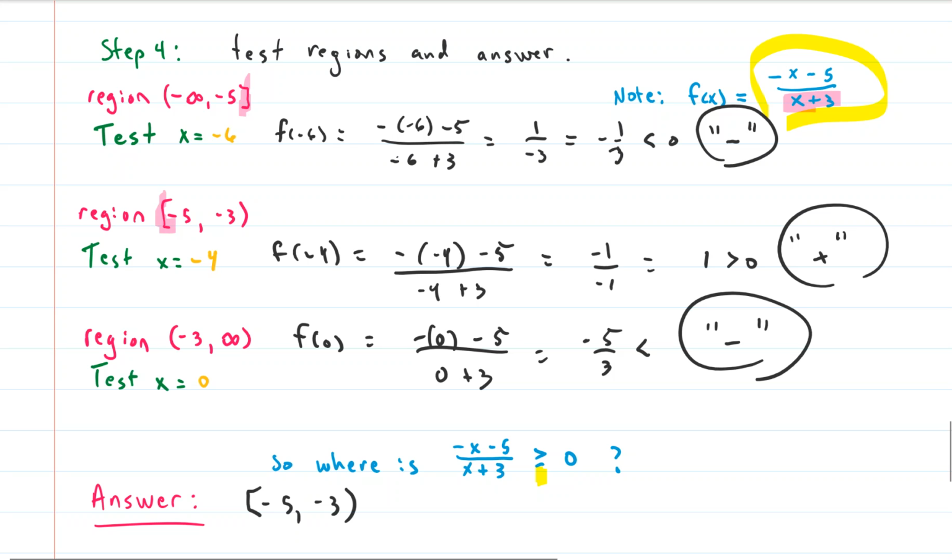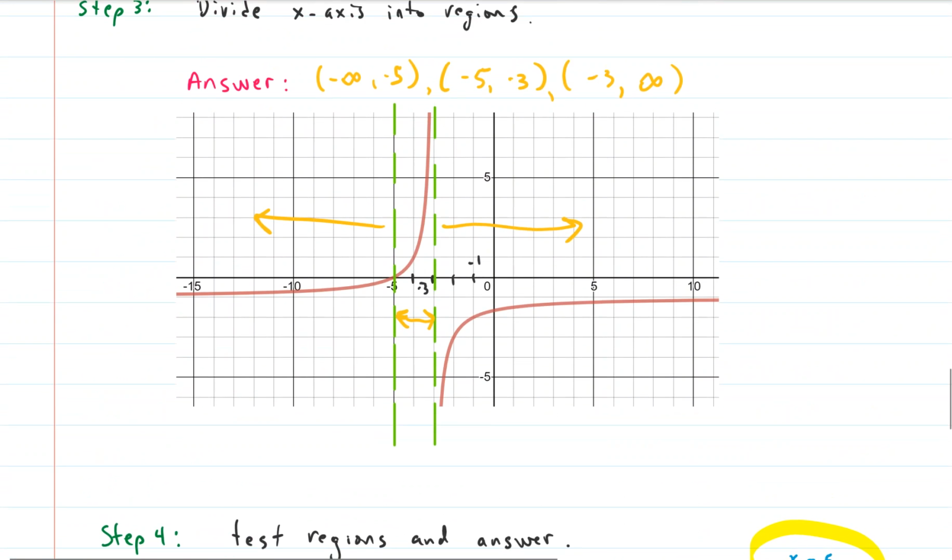So let's go back up and look at our graph. Looks like we go from negative, positive, negative. Blue is below, so we go below from -infinity to -5, and I've highlighted yellow at x equals -5 because it's 0 right there.